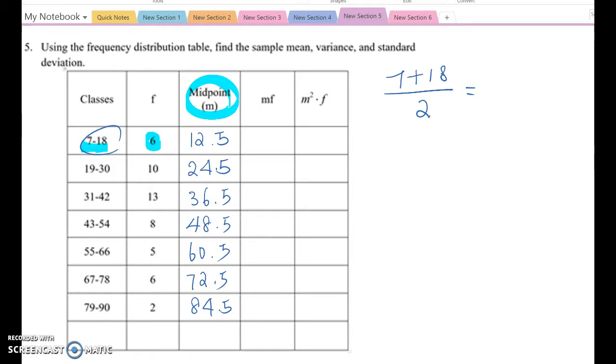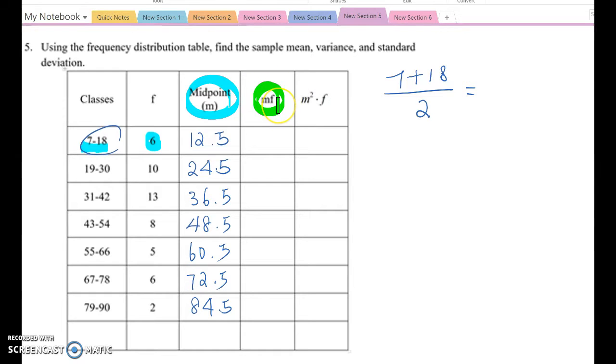Therefore, the mean, the variance and the standard deviation wouldn't be accurate because they are not actual data values. However, it is good enough to describe this data set. Alright, then let's find the mean. In order to find the mean, you need to find the sum of all this data.